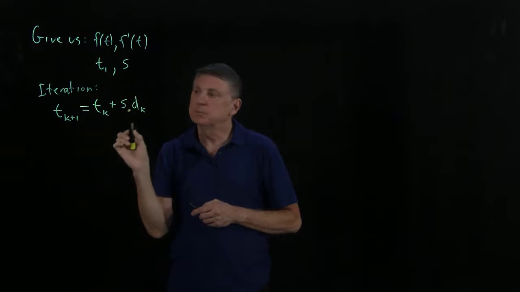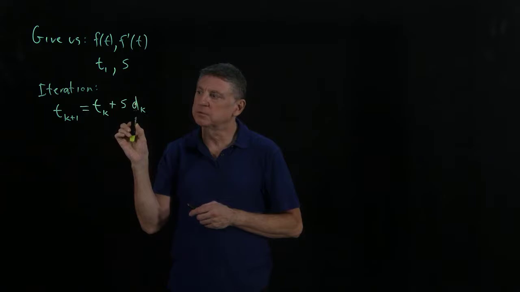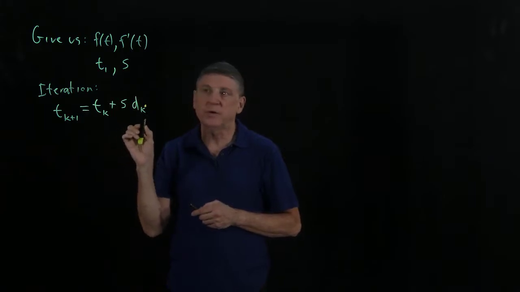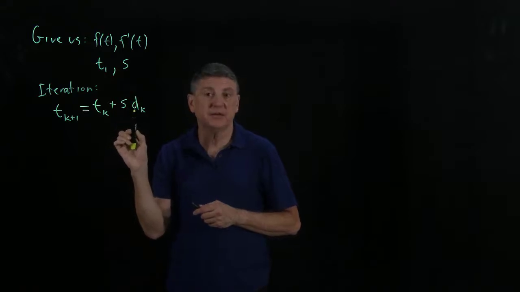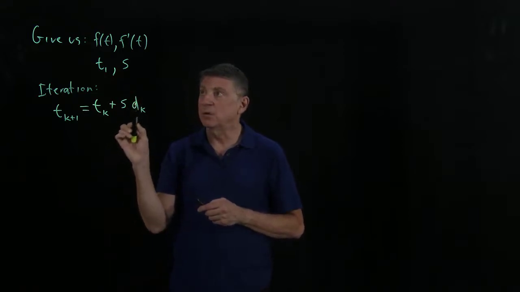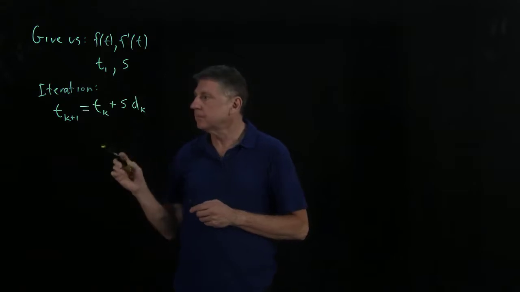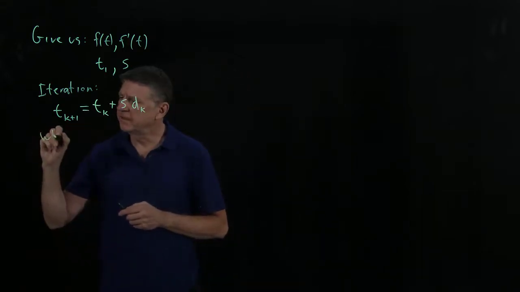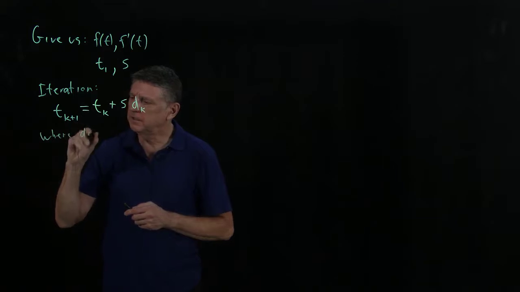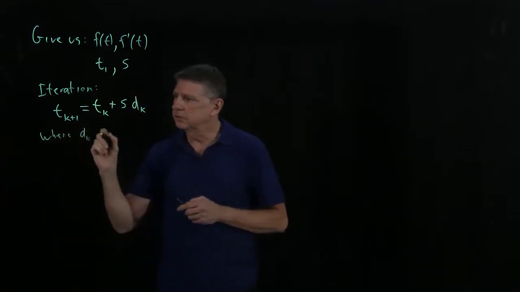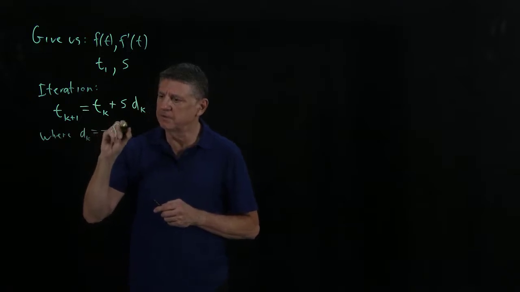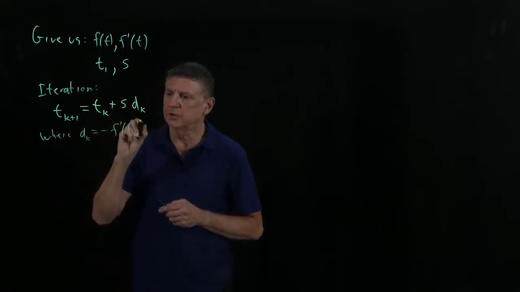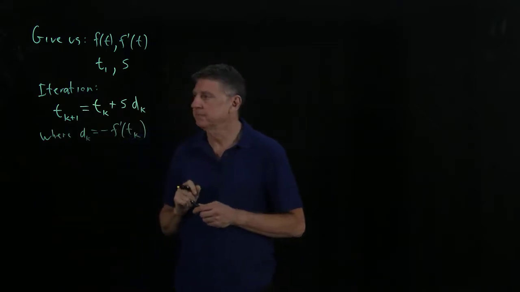And here, in a previous session, we had a subscript because we were calculating the optimal step size each time. Now we can't do that. So instead, we just have to take the user's best guess at what the step size is. And so let's note that the current direction is the negative of the first derivative evaluated at the current estimate of the minimizer.